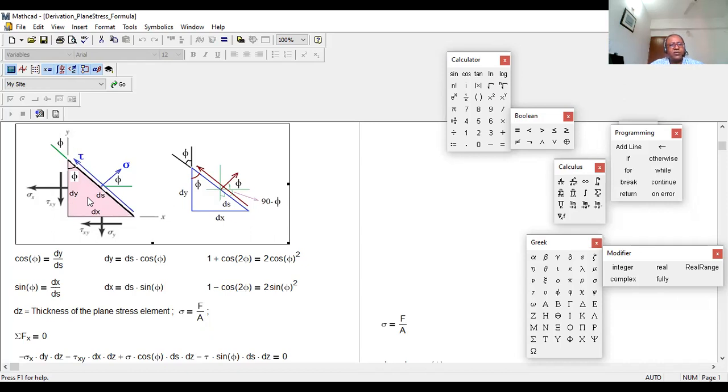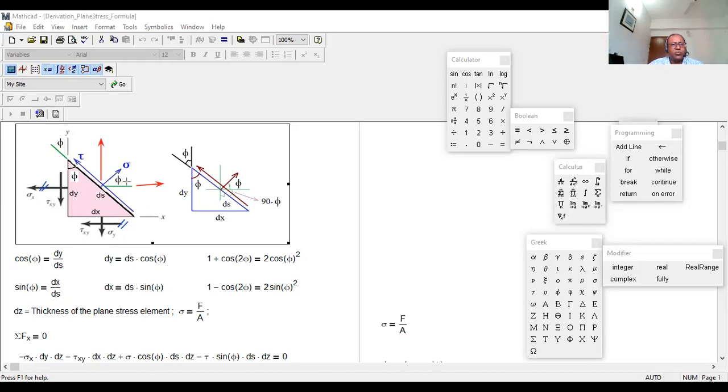Summation of force along the x direction is 0. And you look at how many forces are working along the x direction. Number 1, tau xy is working along the negative x direction. Sigma x is working along the negative x direction. Now, what about this force? You just make components of sigma. So you see one component of sigma working in the vertical direction, and this component, sigma cos phi, working in the positive x-axis.